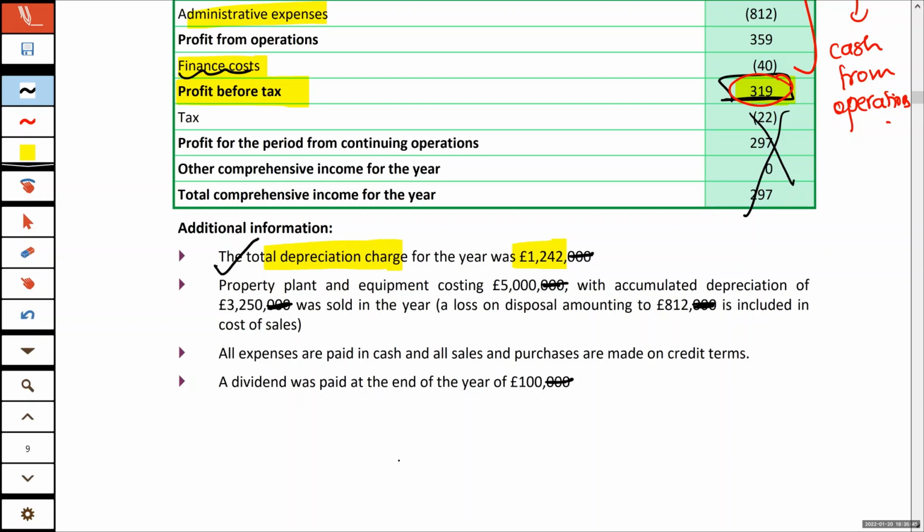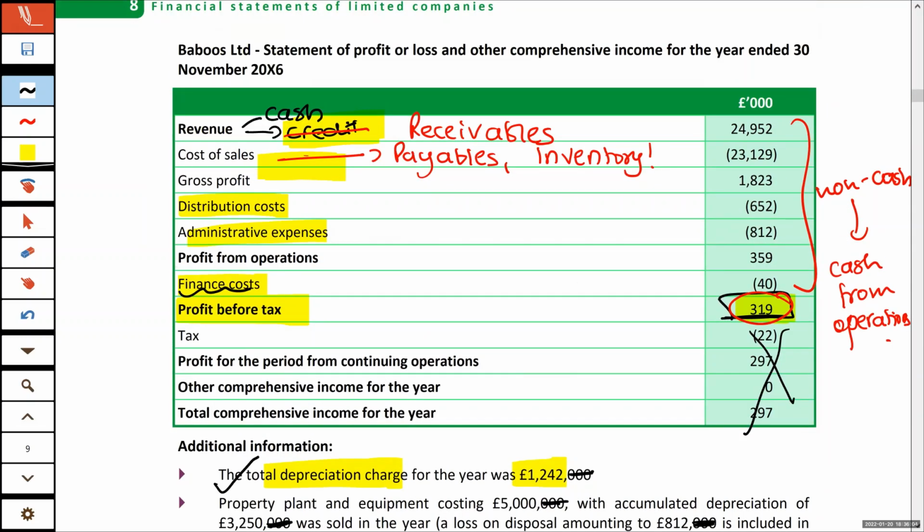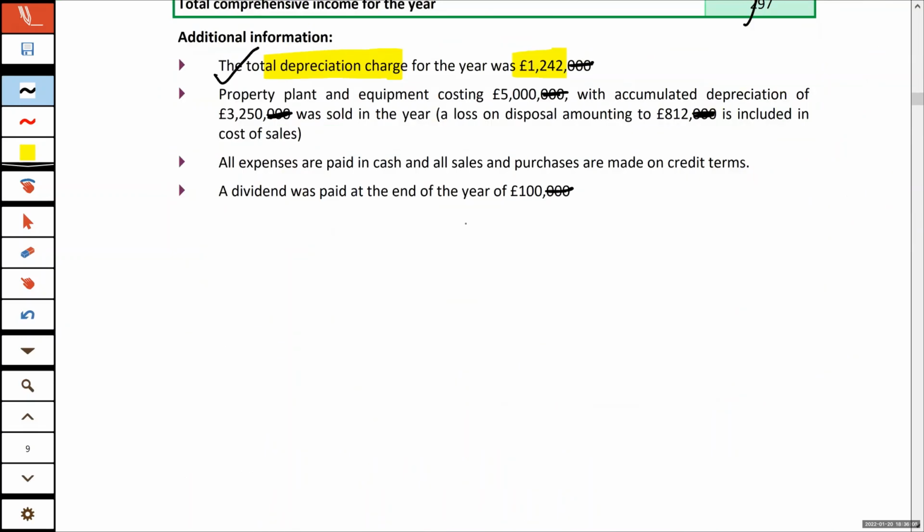Oh, a loss on disposal. What do we know about loss on disposal? Is that actual cash loss? No, it is included in my cost of sales, so I need to remove it from this figure. So since it's included in my cost of sales and I need to remove it, I will put that here, loss on disposal.